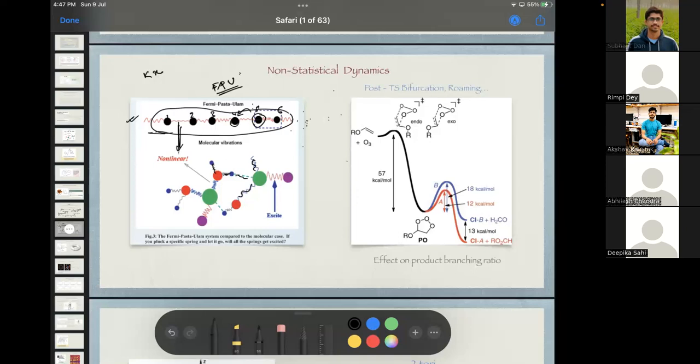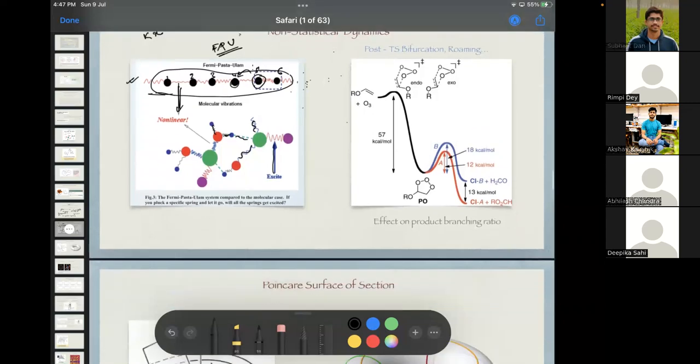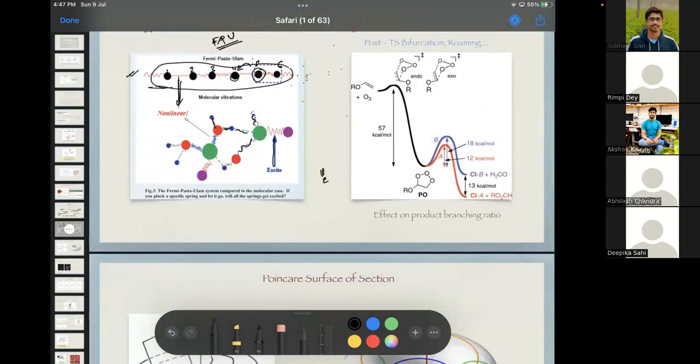Now, similar to this observation, if you excite one particular mode, let's say for a protein or an amide, you excite this CO mode. Now you are studying how a certain amount of energy from the CO mode is getting transferred to, let's say, the CN mode, NH mode, or other helical modes, like low frequency modes, like the alpha helix or beta sheet, all the low frequency modes.